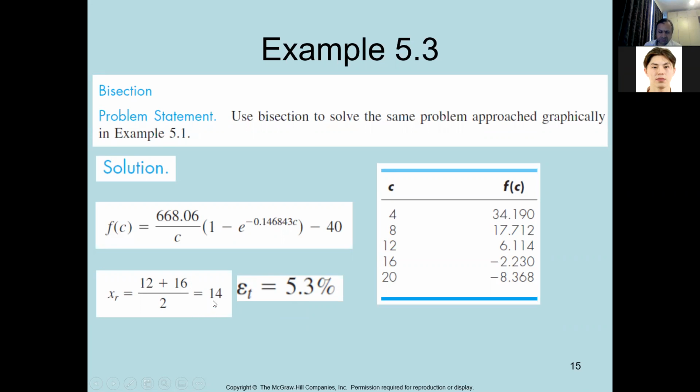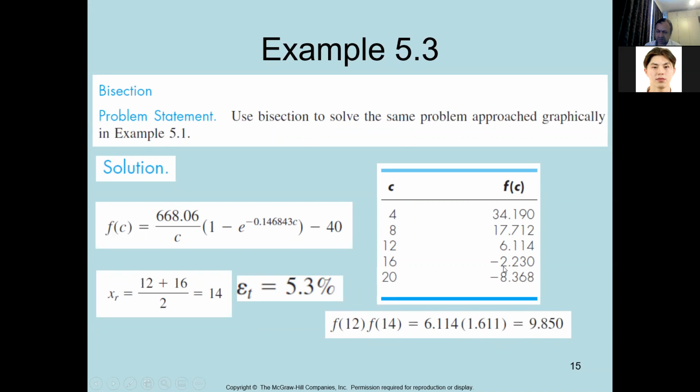So the first approximation gives 14, and then we calculate the value of the function at 14, which is 1.611. Now we can see that f(12) was also positive, and f(16) was negative, so the next approximation will be between 14 and 16.